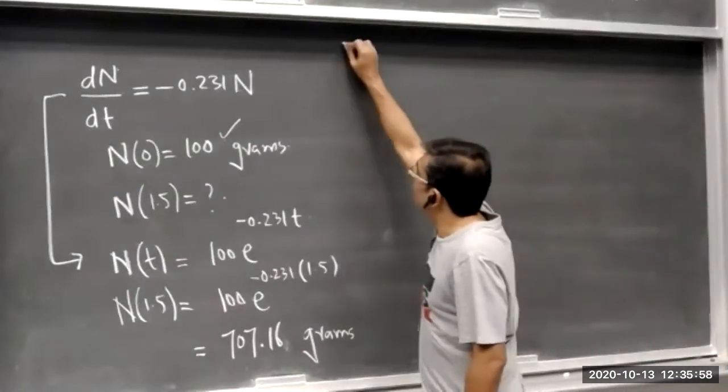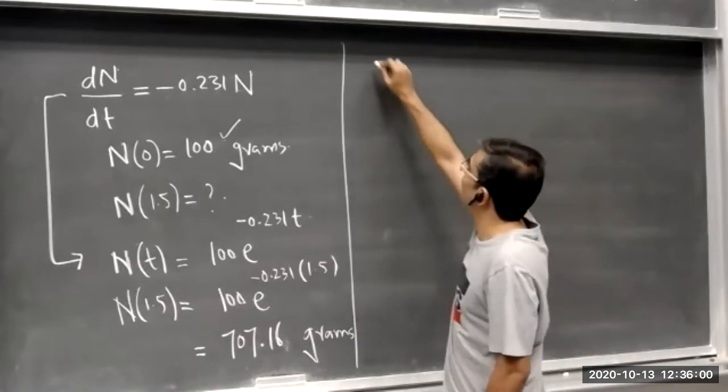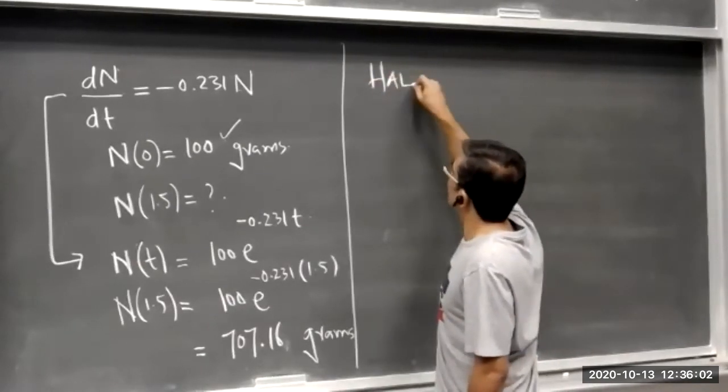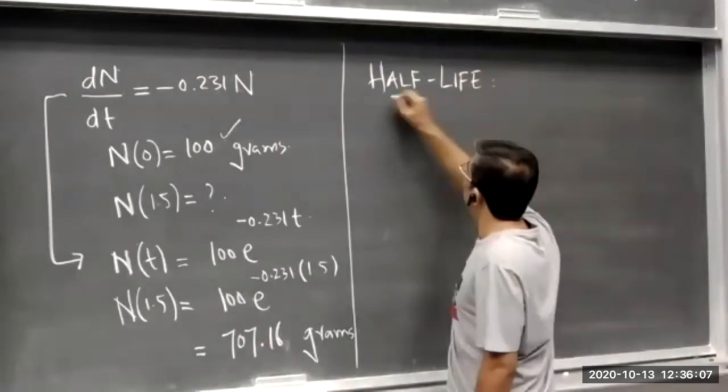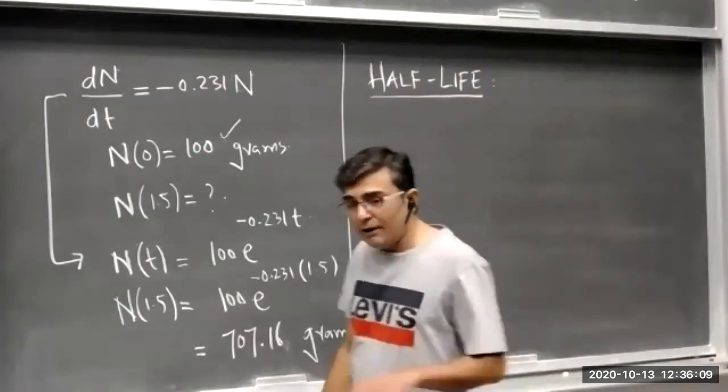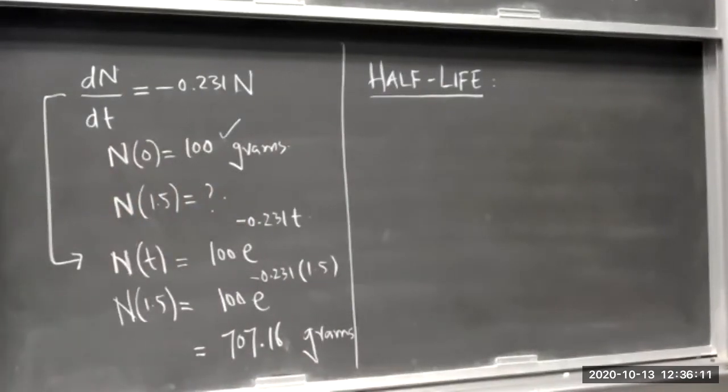Now, in these kinds of models, the half-life is very important, as we discussed the doubling time in the population growth models, because the doubling time is very important.